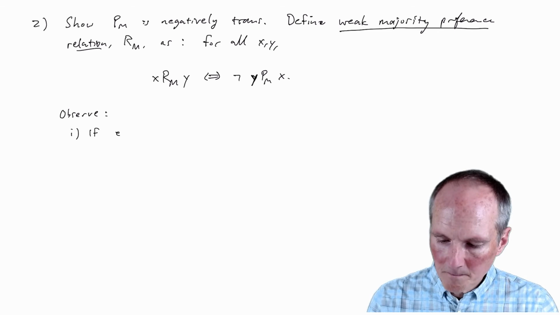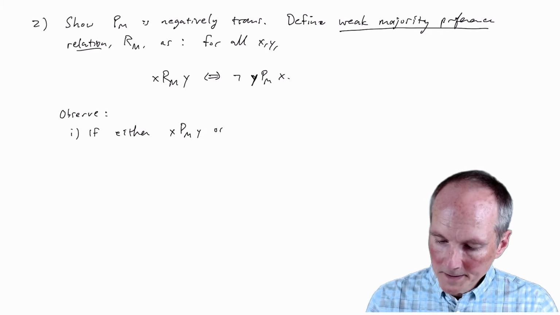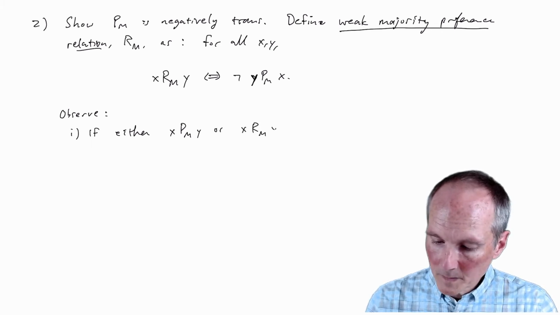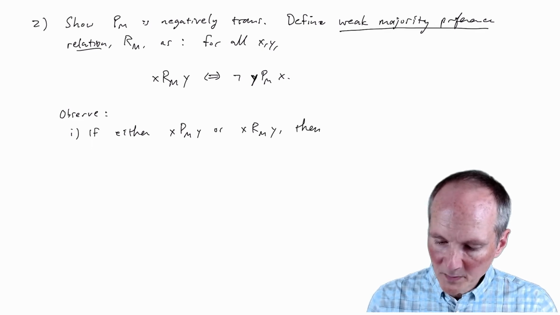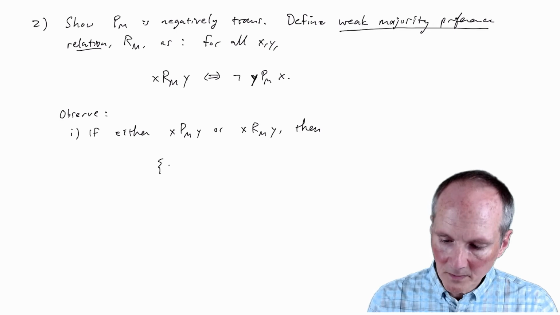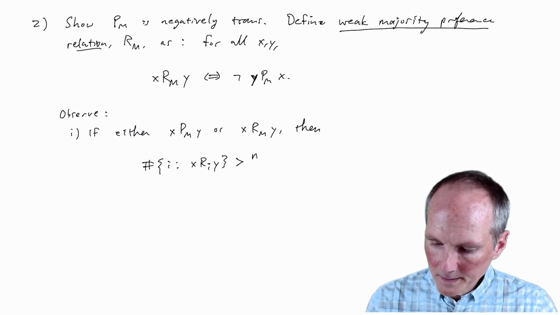If either x is strictly majority preferred to y, or x is weakly majority preferred to y, then the number of people who weakly prefer x to y must be greater than n over 2.